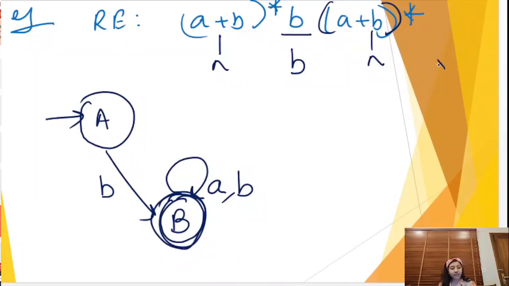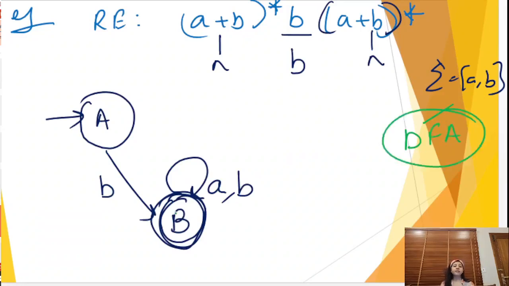Now my alphabet set is A, B. Another mandatory thing that we need to note is that whatever finite automata we are drawing now are all deterministic finite automata. What we mean by deterministic finite automata is that however many states are present in your finite automata, you have to show a transition for every letter of the input alphabet.